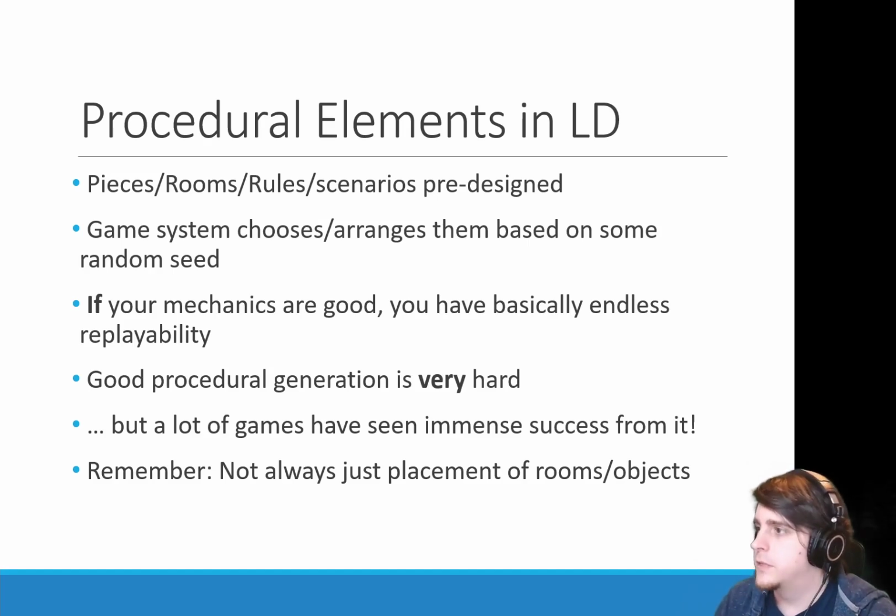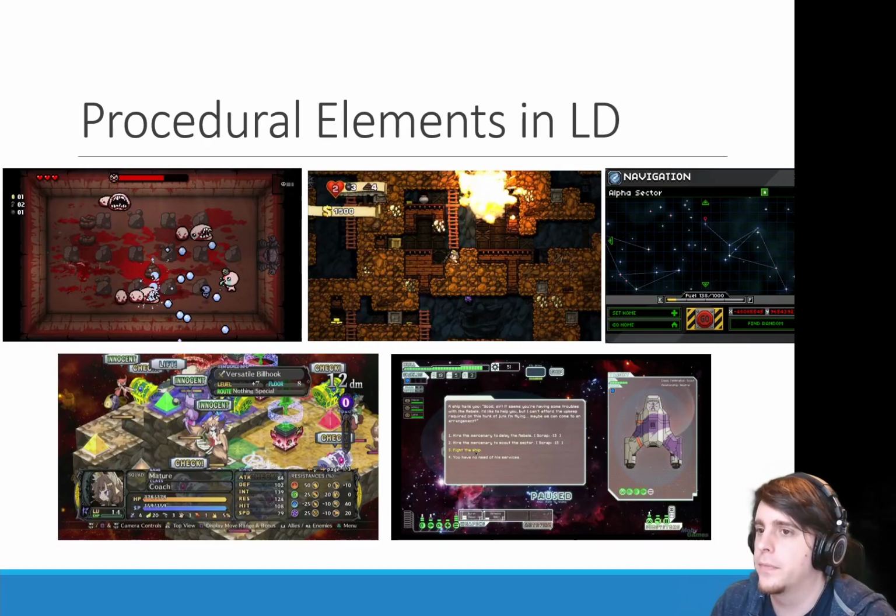Of course, random generation in games is not always just placement of rooms and objects. It can be the Binding of Isaac style, where it is randomly placed rooms, randomly placed objects within them, randomly placed enemies, randomly placed items. Games like Spelunky randomize the level layout, but that's it.